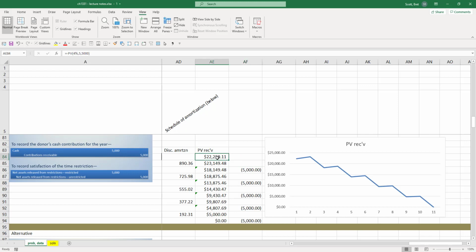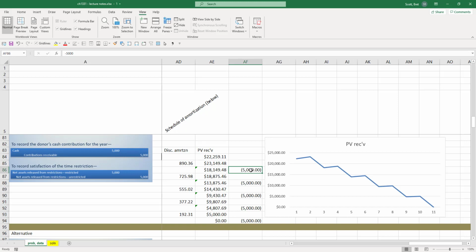But we start off by saying, hey, look, what would it take for us right now? What's the present value of these future payment amounts? It's $22,591. So every year that goes by, we acknowledge that there is this somewhat amortization interest amount that's embedded as part of this contribution.